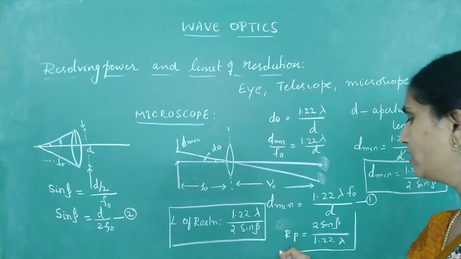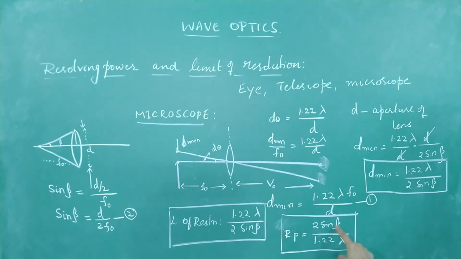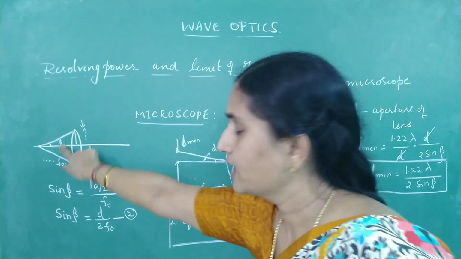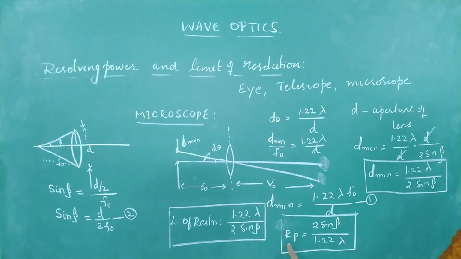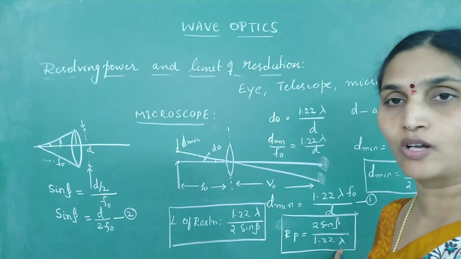So observe the resolving power of a microscope. It is directly proportional to sin beta. Beta depends on aperture. Larger the aperture, larger will be the value of beta. How is resolving power related to wavelength? Inversely. Smaller the wavelength, better is the resolving power.